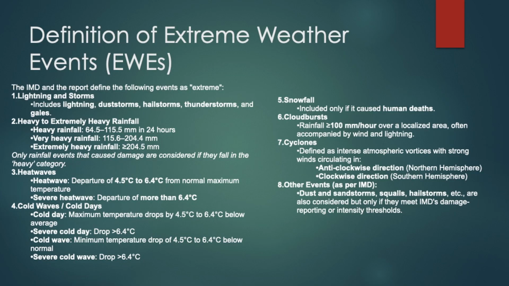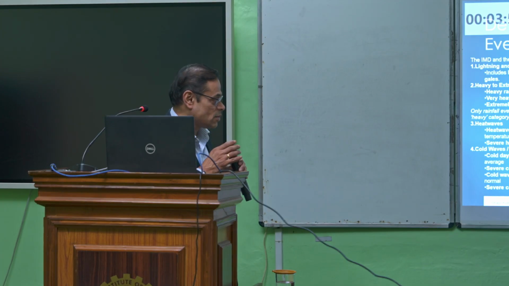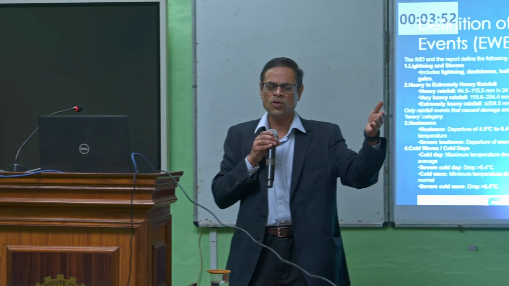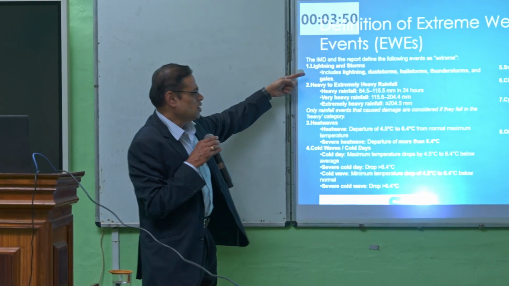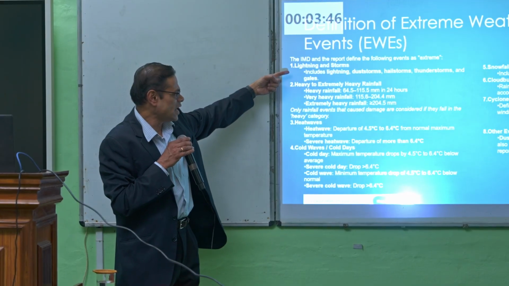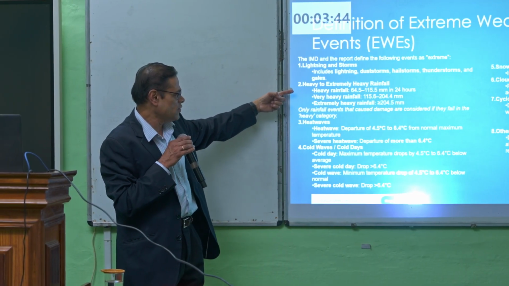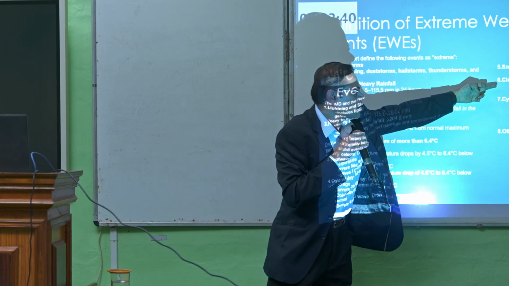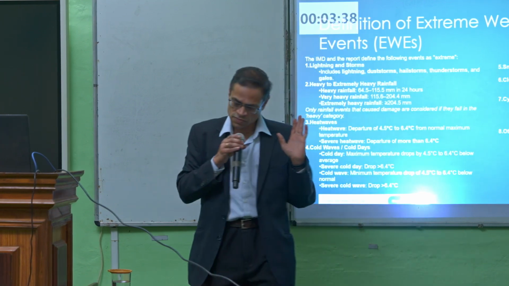The main thing I wanted to say, but we will come back to this slide again later because there will be repeat of some of these discussions. Extreme events, right? We are talking about more and more of those terms. They are listing about 8 terms here: extreme lightning, heavy to extreme rainfall, heat waves, cold waves, snowfall, cloudbursts, cyclones, and other events.